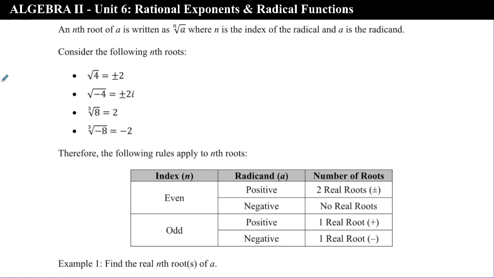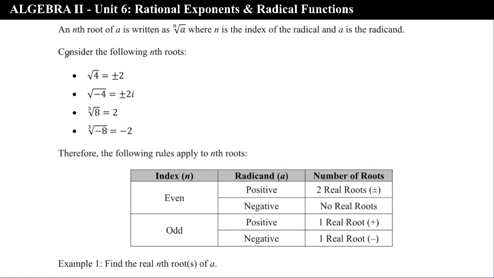If what's under the radical is positive, your answer will be positive; if it's negative, your answer is going to be negative. And we've done enough with the even indexed radicals that that should be fairly straightforward as well. Two real roots if it's positive, no real roots if it's negative.